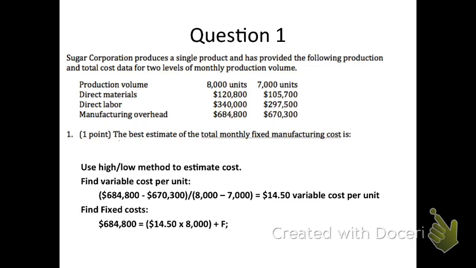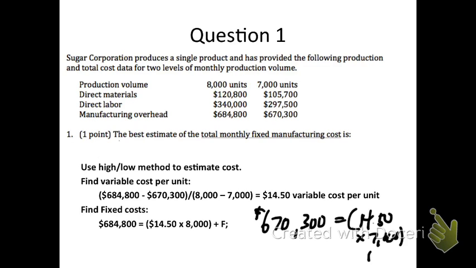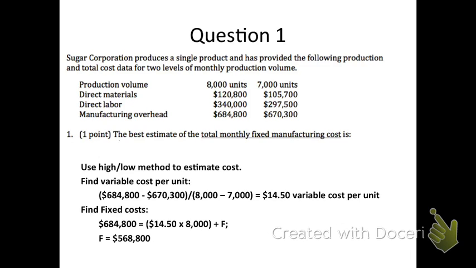You can also use the 7,000 units and you get the same answer. If you use the 7,000, it would just be 670,300 equals the 1450 times 7,000 plus f, and solve that for f, and again you get the same answer. So f is 568,800, and that was the answer.